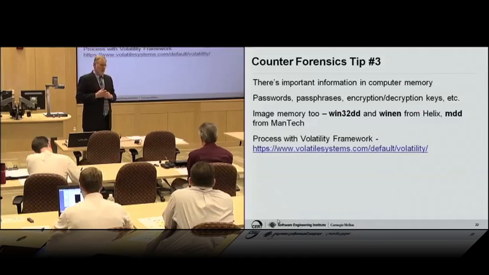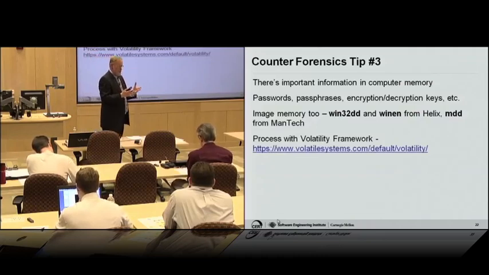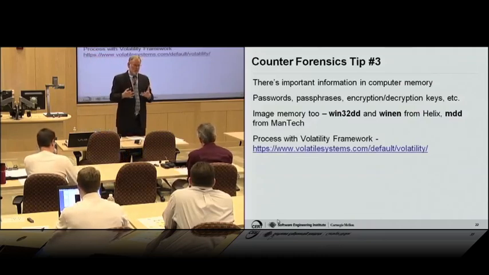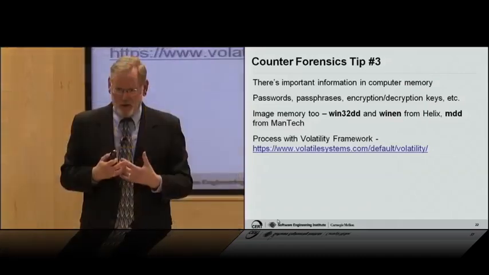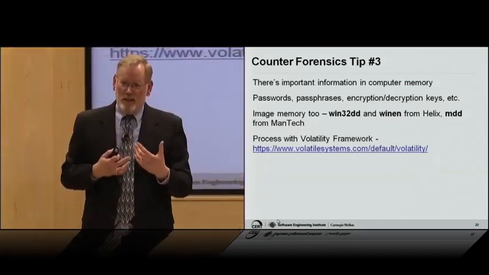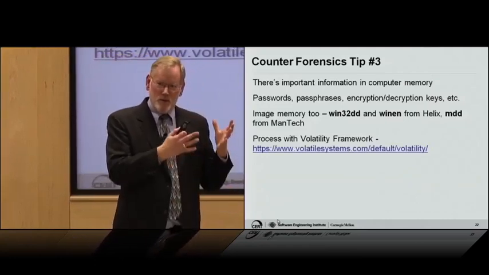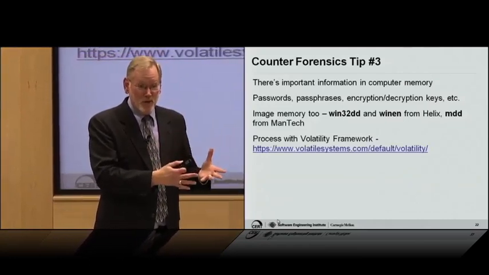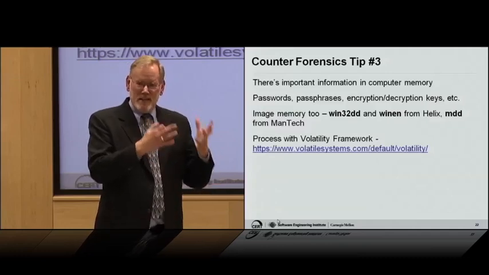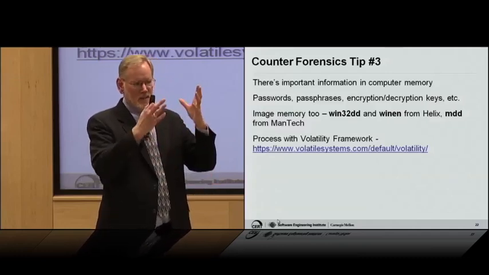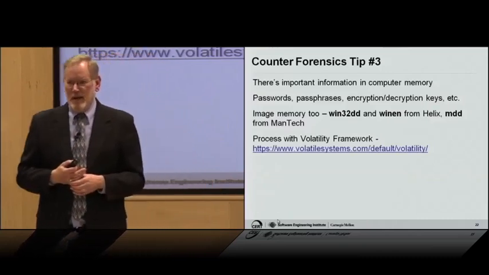Now, the Volatility Framework and FTK, all of these tools, look at memory and try to figure out what's in that memory, try to rebuild data structures and such. That can be challenging when you don't have the source code for the system that you're trying to reverse engineer, and so you're trying to make an intelligent guess how the data structures in the kernel are laid out.